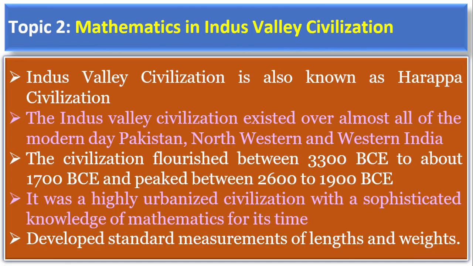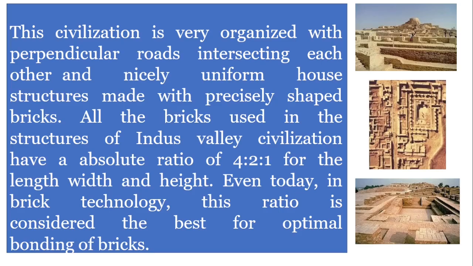It was very developed, and these cities were so organized that there were roads that intersected each other perpendicularly, as we have streets and avenues in America nowadays. So that idea of perpendicularly intersecting roads existed even in the Harappa civilization.